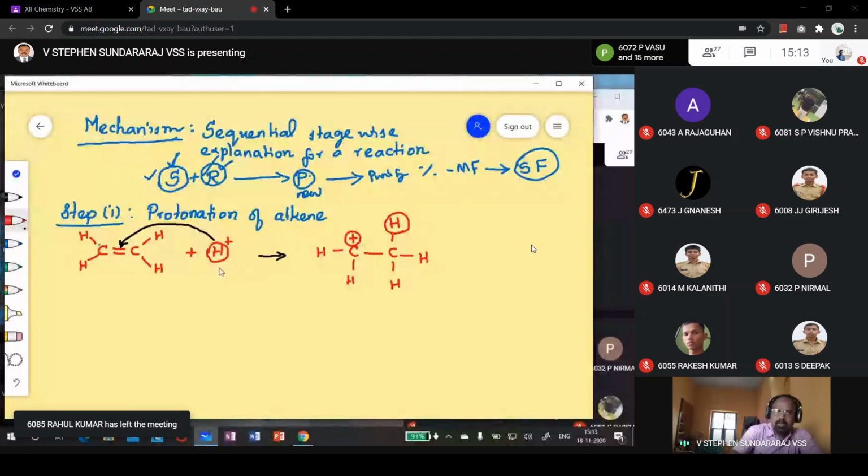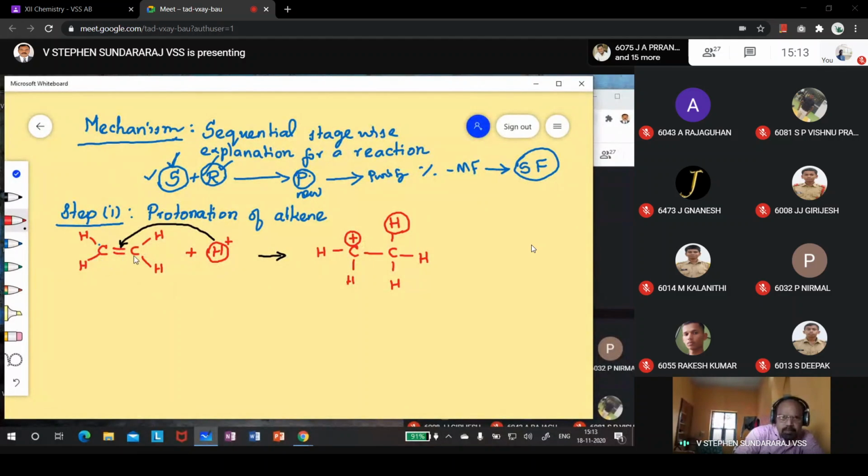Because you see these two electrons, one electron is from this carbon atom and another electron is from this carbon atom. But once it goes to form the C-H bond, the right side carbon is still holding its contribution, that electron, but the left side carbon is completely losing its electron. So here it will be a carbocation. Okay, the space is limited, so I will tell the steps in notes and you write them down.